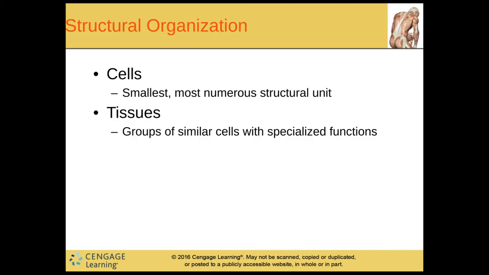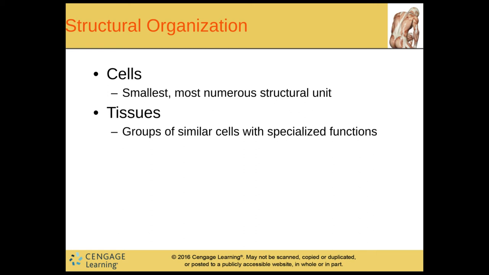So the structural organization, and you have to remember when we do medical terminology, it's like a whole language in itself, right? What we're talking about specifically is whole body terms, like what happens in our body, right? So the very smallest structures in our body are cells, right?